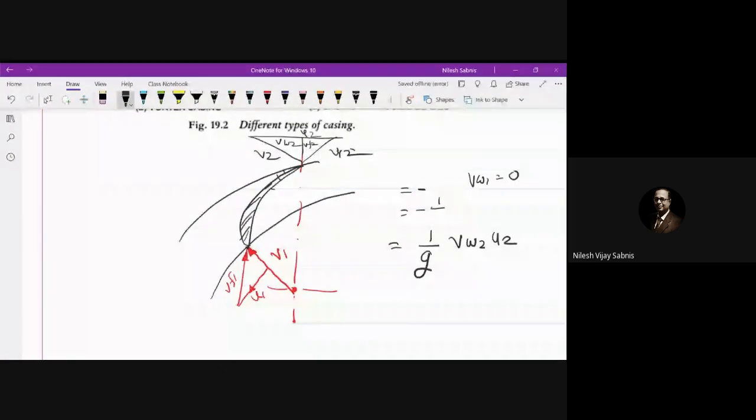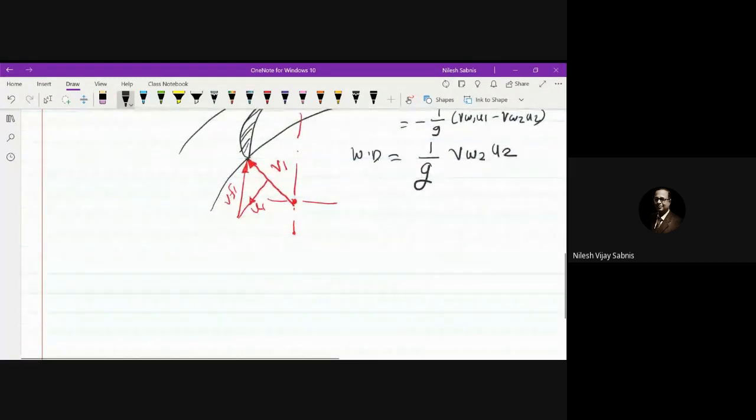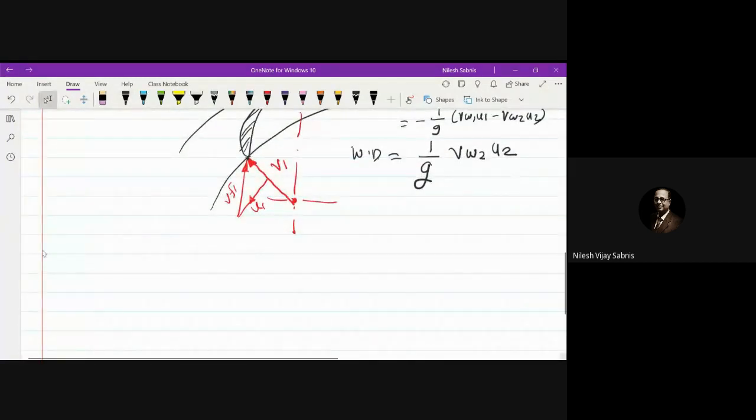Here U1 is not equal to U2 as in the case of a Pelton wheel, so it results in VW2 U2 minus VW1 U1, and VW1 is 0, so it will give the work done formula, which is 1 by g VW2 U2. So this is one formula which you have to remember.